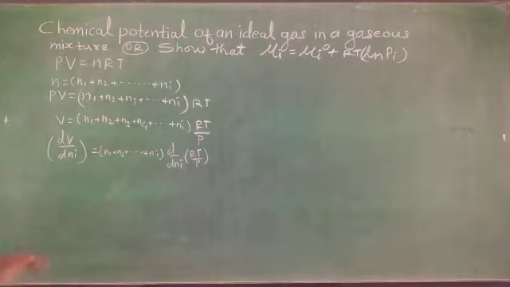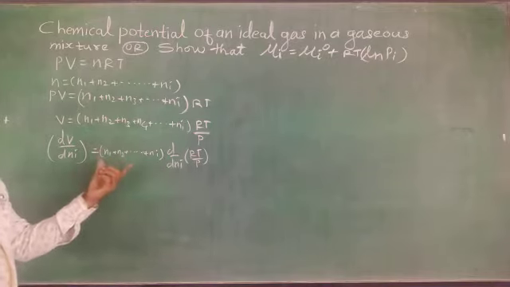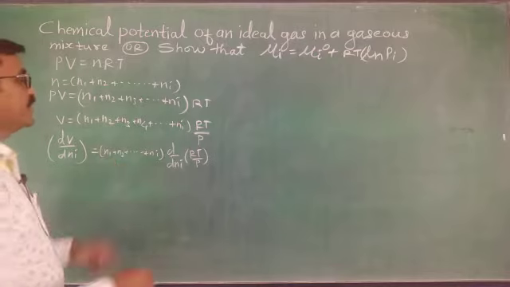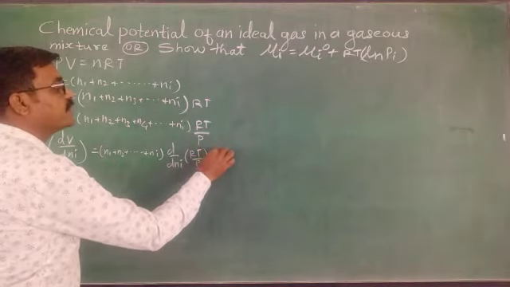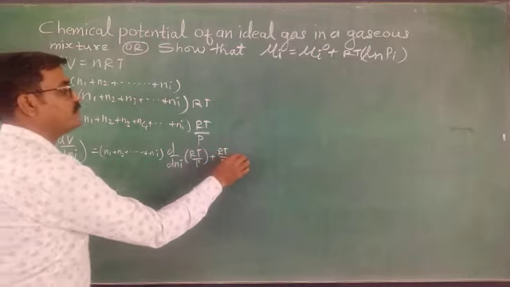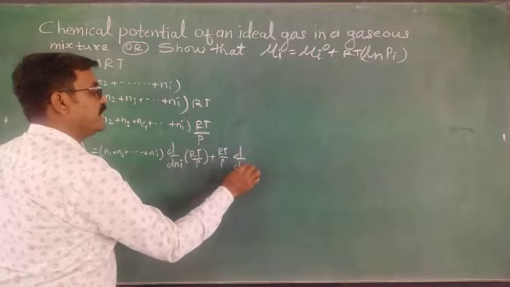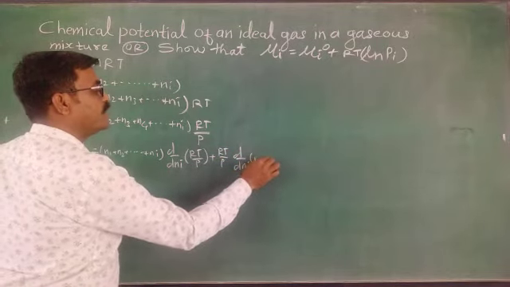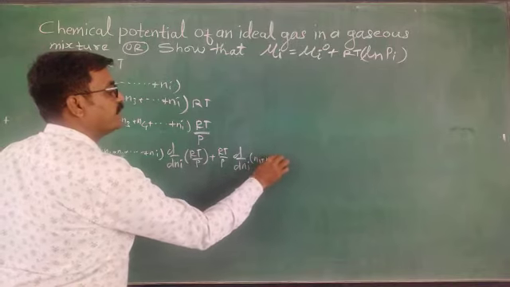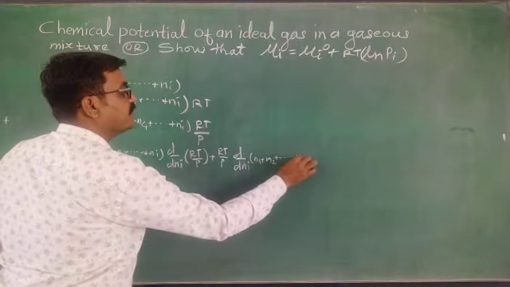This is nothing but differentiation by parts. Then the second term, RT/P into d/dni of (n1 + n2 + n3 + ... + ni).